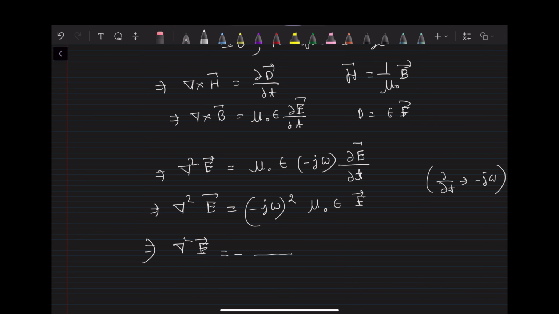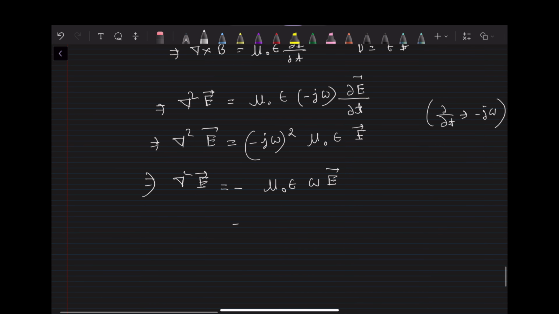We have omega squared E, and here we have not an epsilon, right? Then we can write again in terms of refractive index, or we can write in many ways.